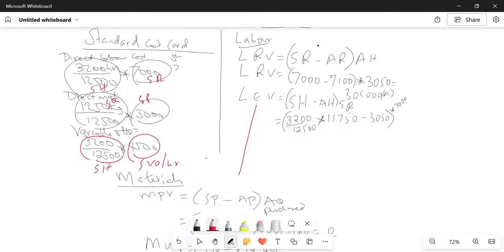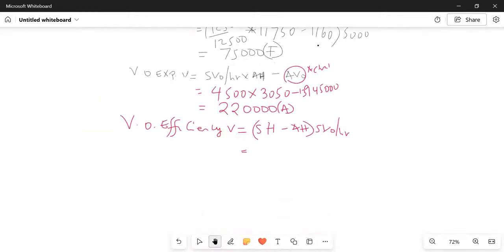So these ones are the standard hours. That's 3,200 over 12,500. So great. So we have here 3,200 over 12,500 times the actual production, because we remember very well, this capital SH stands for standard hours for who?